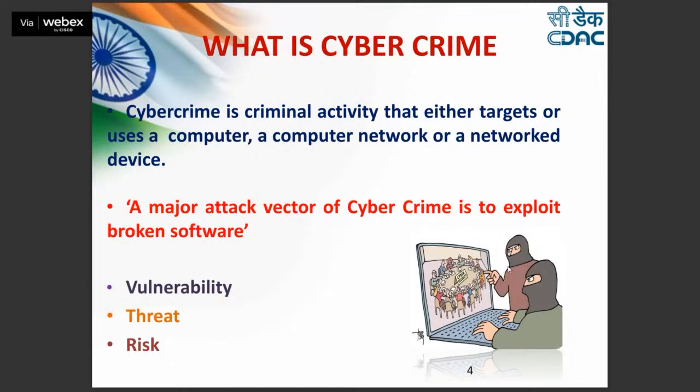So if there is any flaw, any problem in your software or your hardware, then we call it a vulnerability. So all in all, broken software is vulnerable software because it is broken, and it is very easy to hack.